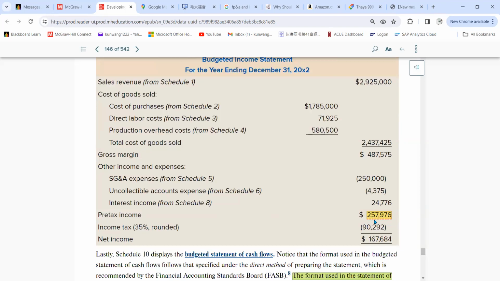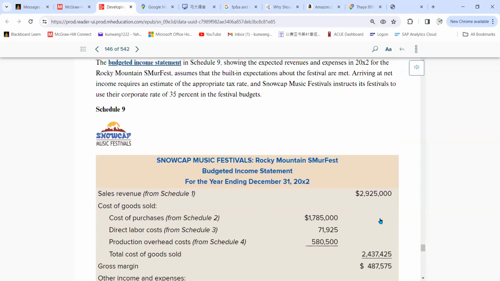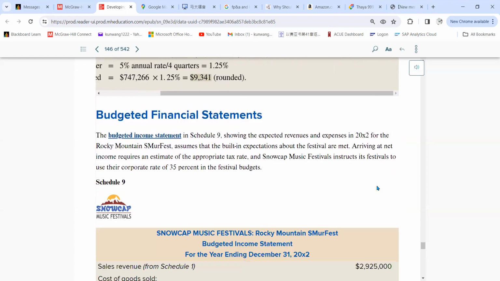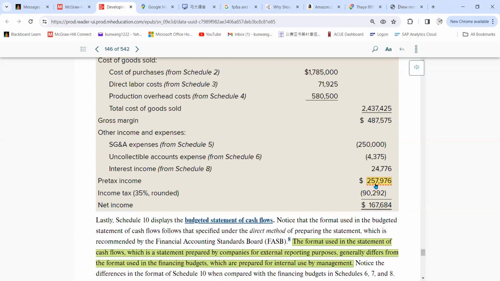Be careful, 257 is kind of lower, right? Almost 30,000 less than the cash balance. I will give you a reason. So think about why.